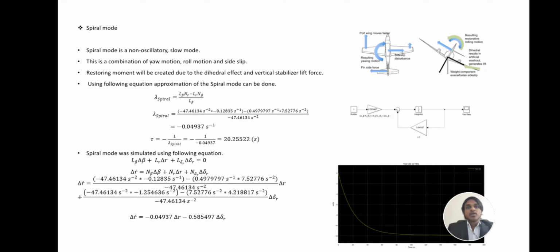Similar to the roll mode, when the aircraft is disturbed by a side force, the aircraft starts to change its direction and roll rate with the sideslip. Since the sideslip and bank angle were neglected, only yaw rate can be seen in the graph. We can see the increase in the yaw rate until it settles at minus 11.86 radians per second.